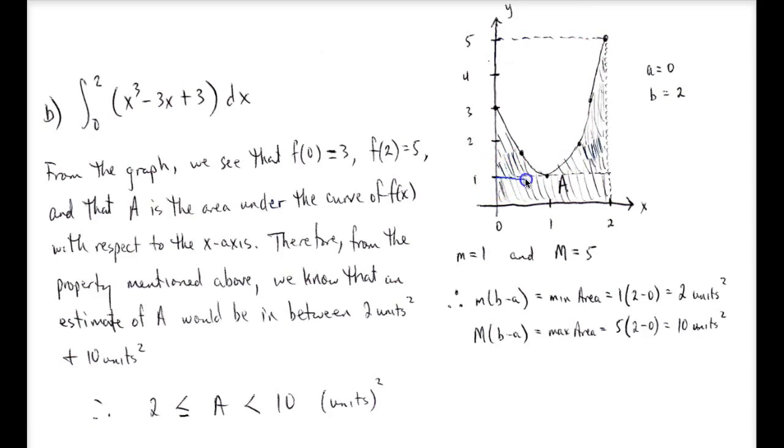So if we look here, we know that all this area here is going to be a minimum, and that's going to be the 2 square units. And of course, the maximum here would be this whole rectangle here, and that would be 10 square units. And of course, the actual value of our function, which is in black there, is somewhere in between there.